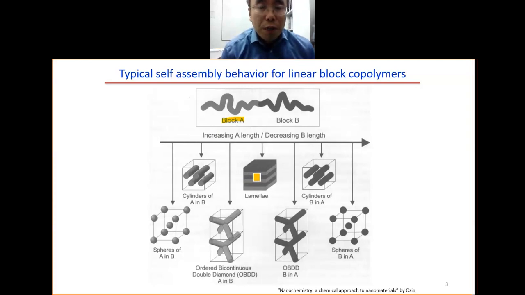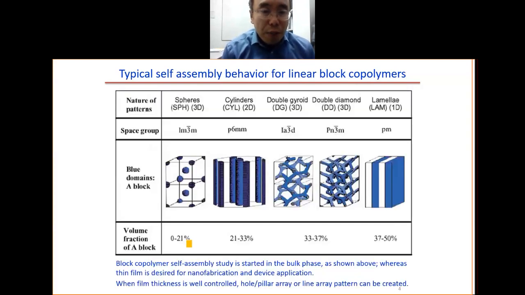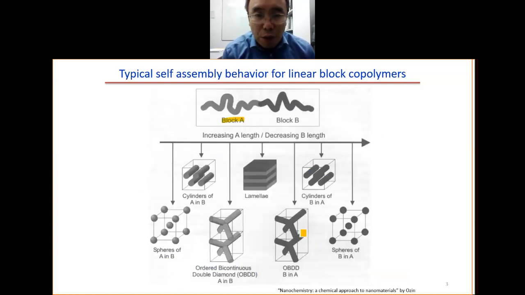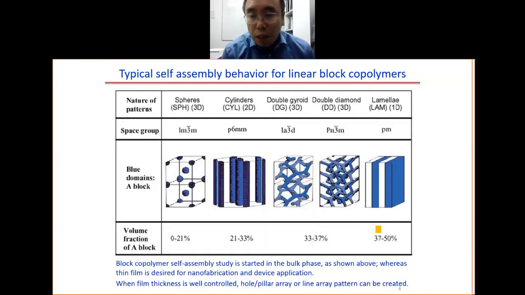This is the block copolymer self-assembly. Some numbers: from 0 to 21%, you form spheres; 21 to 33%, you form cylinders; 33 to 37%, you form this double diamond structure; and close to 50%, equal volume of A and B, you form these lamellae structures.